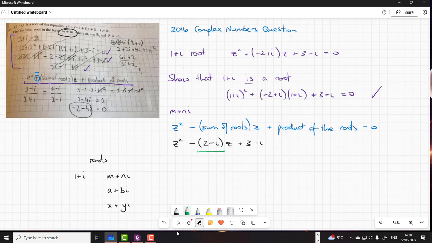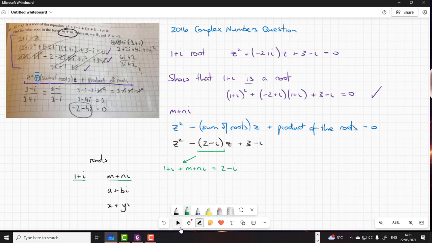This 2 minus i is the sum of the roots, and here are our two roots, 1 plus i and m plus ni. So I'm going to write down, and we'll do it in green, 1 plus i, our first root, plus m plus ni, our second root, that's equal to 2 minus i.